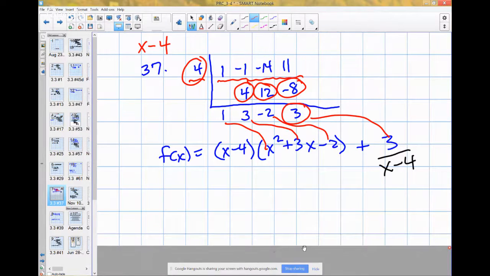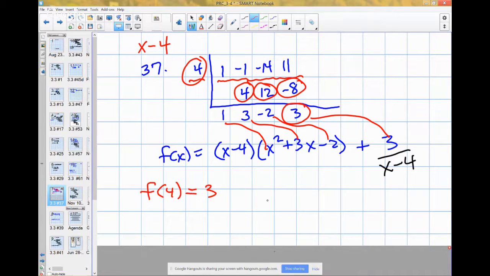So now, the one thing I haven't demonstrated is you were supposed to demonstrate that f of k equals r. So in other words, can I show that f of 4 is the remainder of 3? Well, just go back to the original polynomial. The original polynomial is x cubed minus x squared minus 14x plus 11. What's f of 4?